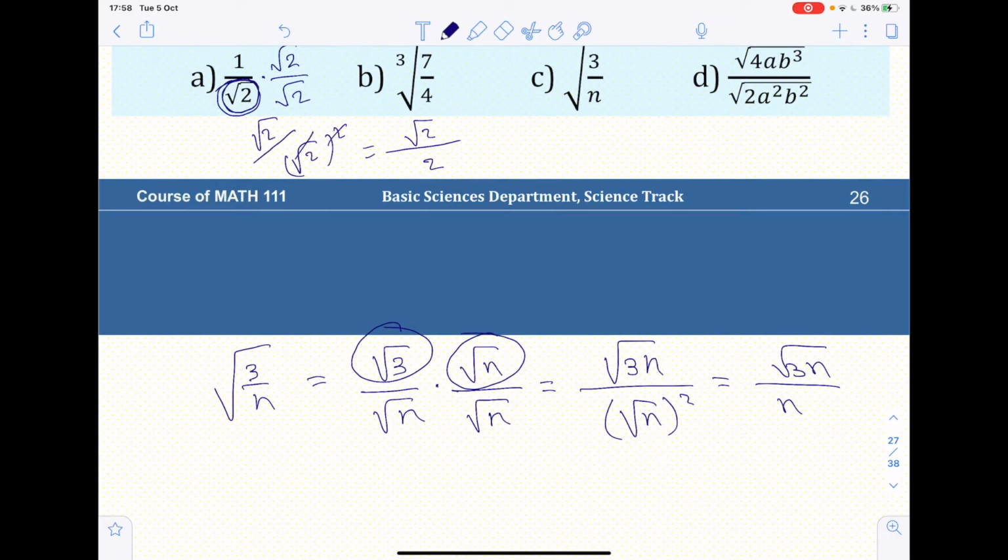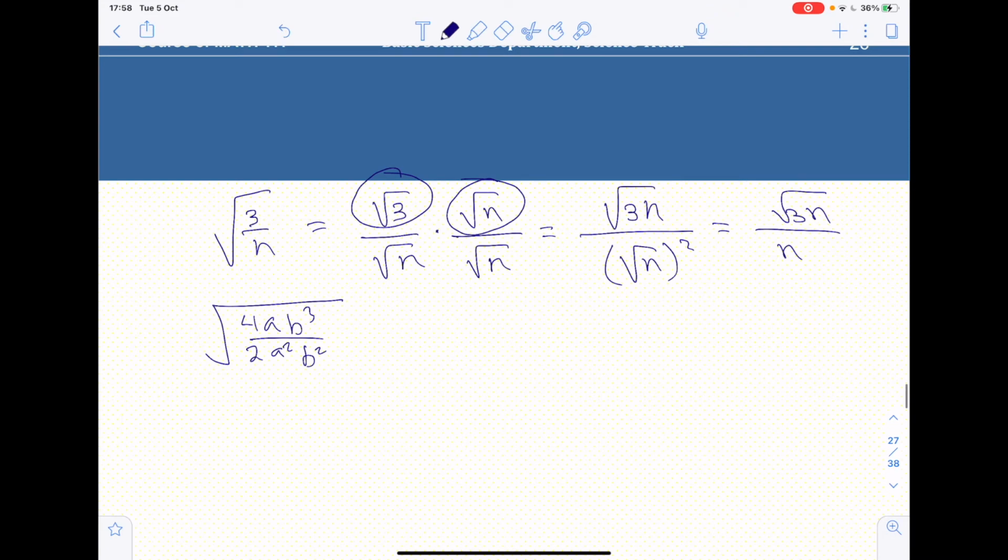Okay. For the third one, 4ab to the power 3 over 2a squared b to the power 2. So before we rationalize the denominator, we can simplify. Okay, let's simplify this one. We have 4 over 2, which is 2.